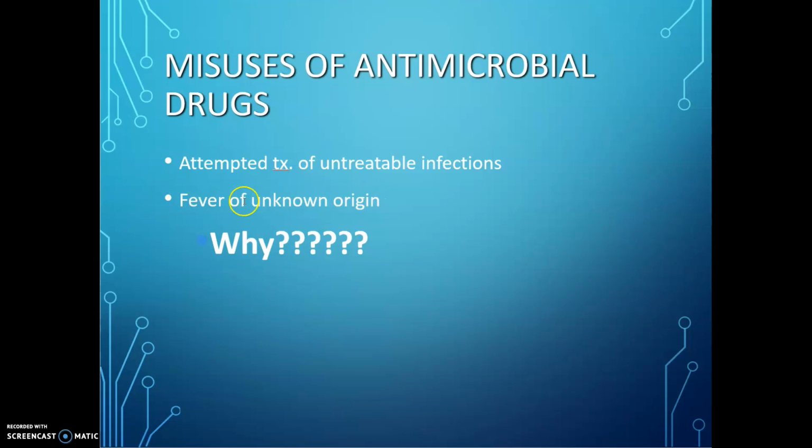Fever of unknown origin, this is a similar thing. You haven't found the pathogen, you haven't found the infection, right? Because if you're giving antibiotics, you want to target the pathogen that is making the problem. So if you have a fever of unknown origin, it means you haven't found out why their body is behaving that way. You don't know, is this an infection of the skin? Is this the GI tract?